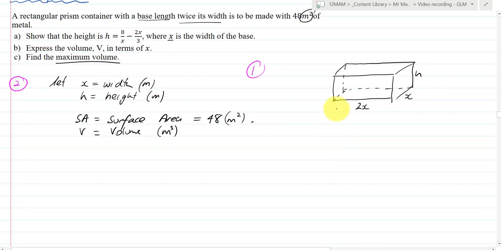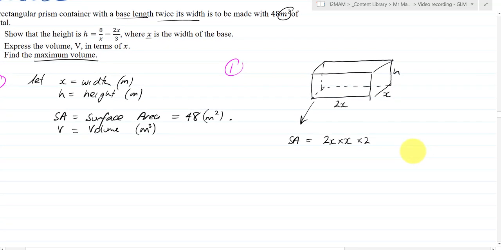Okay, so if the surface area equals 48 meters squared, hopefully you can see here that this surface area, I'm going to go over and just pop this out over here. The surface area is going to be equal to 2x times x times 2. So this is 2x times x, which is basically the base here, but there's two of them because there's a top as well. That's the first part. Plus 2x times h times 2. So this is 2x times h, this front face here, but there's also the one in the back.